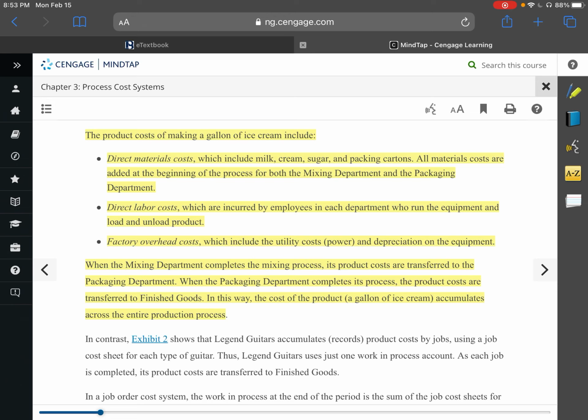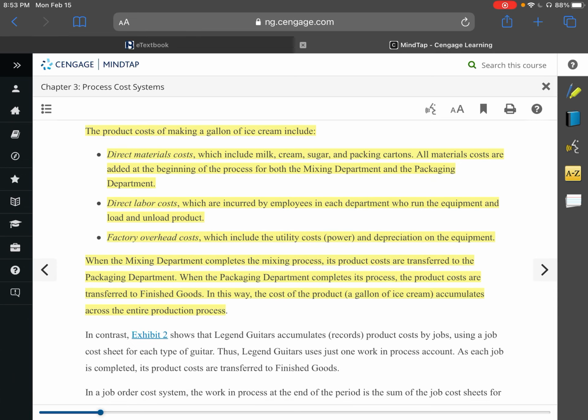And when the packaging department completes its process, those product costs would be transferred to finished goods, because obviously now you would have ice cream that's ready to sell to a customer. All right, so in this way, the gallon of ice cream is continuously having value added, and it's continually having cost added to the process.